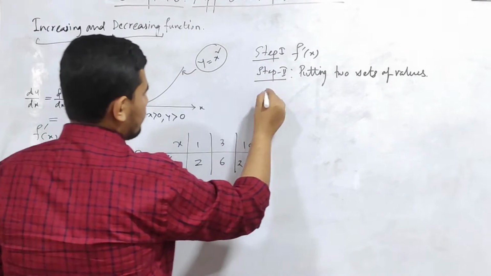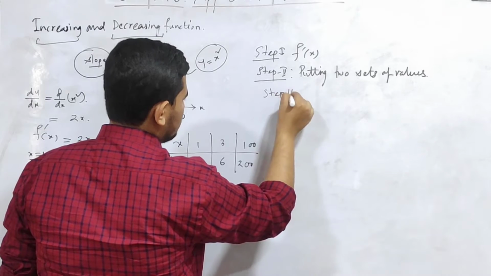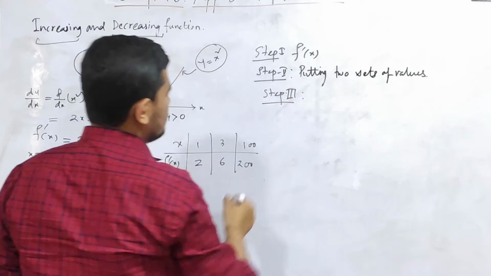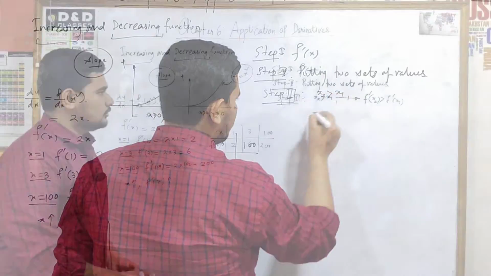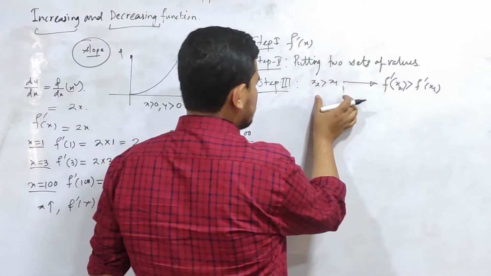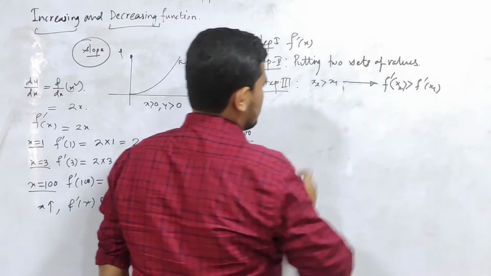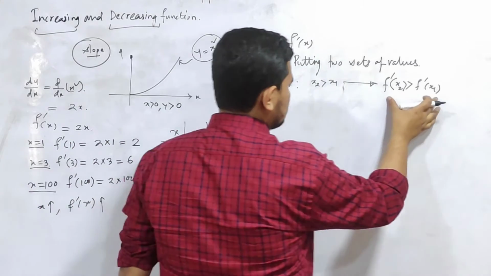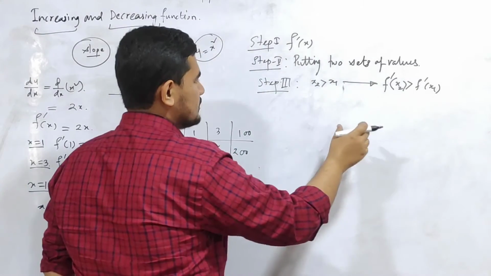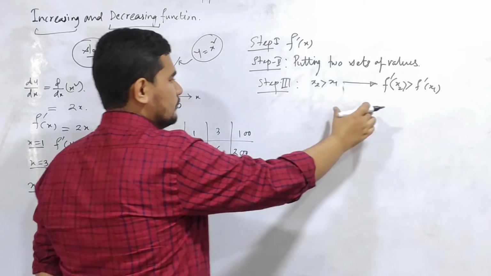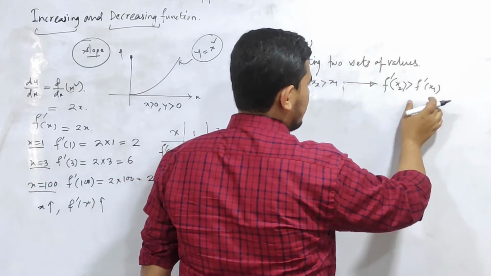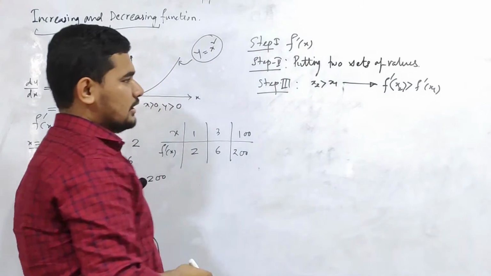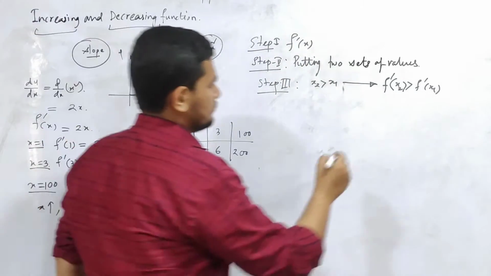So what you need to check is that if x2 is greater than x1, you need to find out if this relation holds. That means that if I am getting the f dash of x at x2 greater than f dash of x at x1, then I can say that this function is increasing.